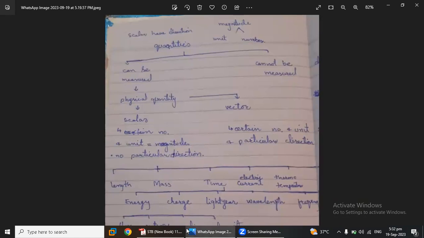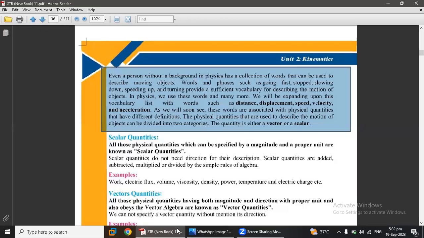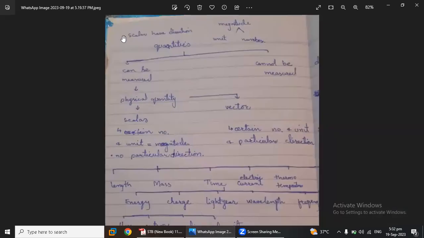So you know that here he said that these are quantities. A quantity is something that can be measured. A quantity consists of two things, a unit and a magnitude.